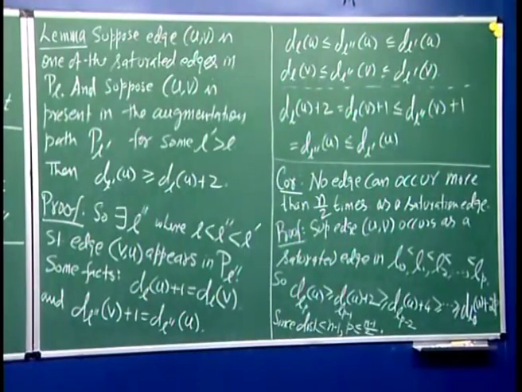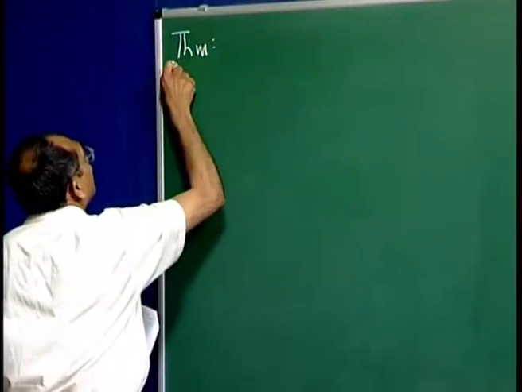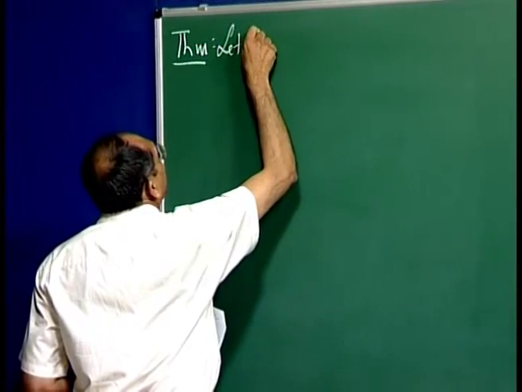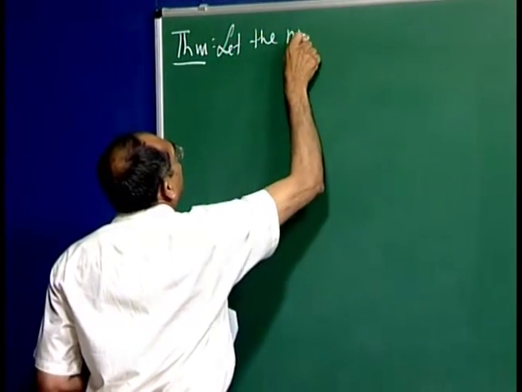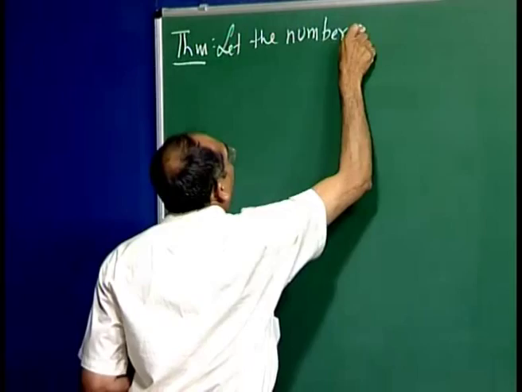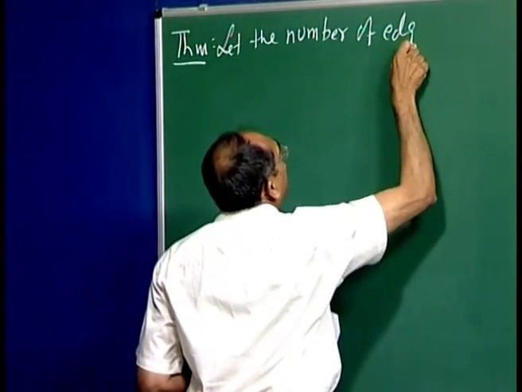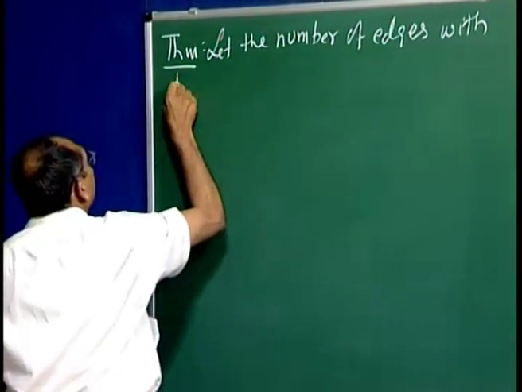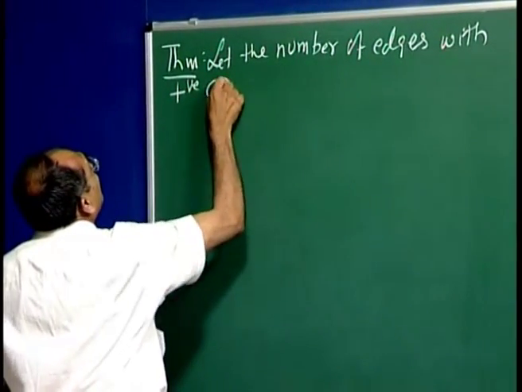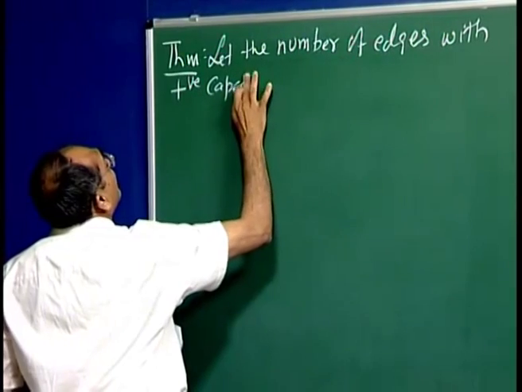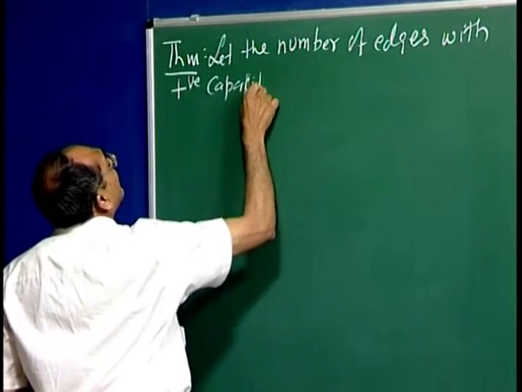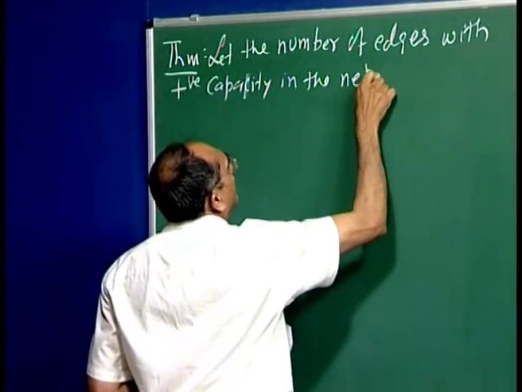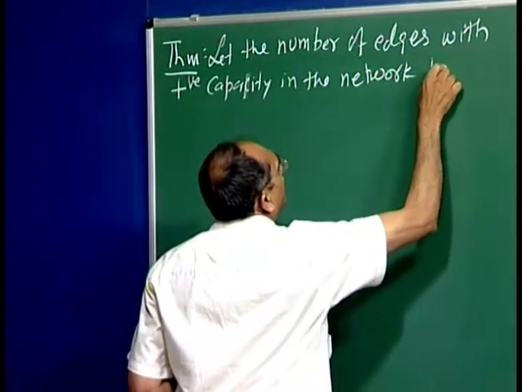Okay. So, we have a simple result now, theorem. Let the number of edges with positive capacity in the network be n.